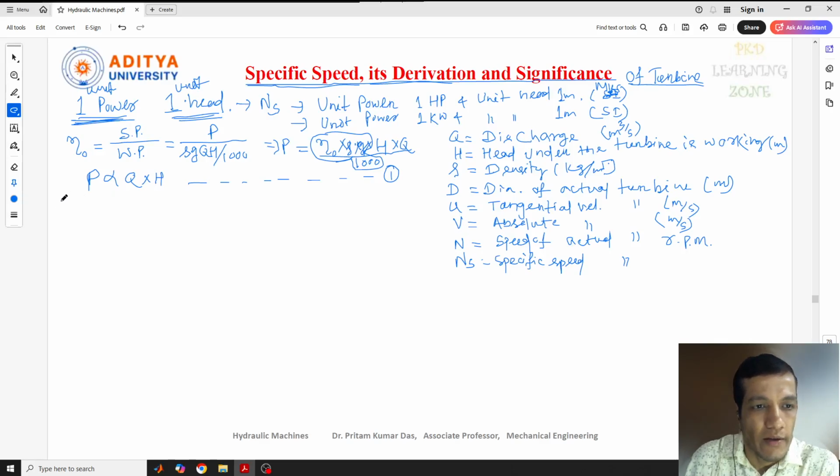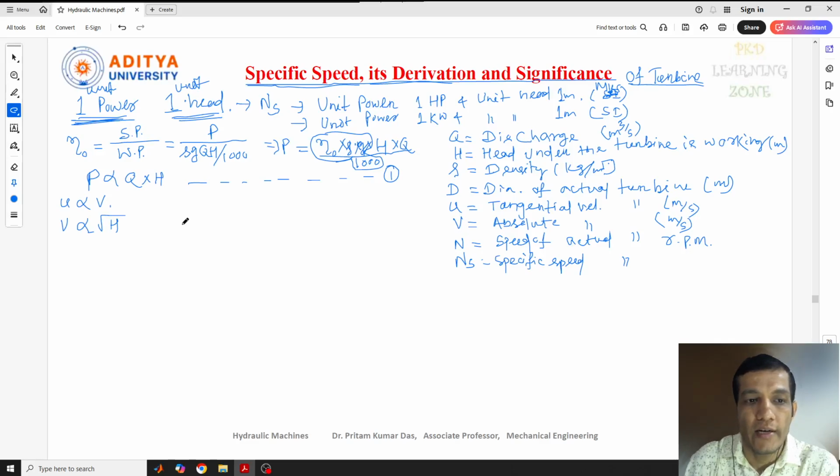The tangential velocity also depends upon the absolute velocity, that we know. So the tangential velocity can be calculated from the absolute velocity. So we can write that U is directly proportional to V, and again V is directly proportional to root over of H. You can ask how it is possible.